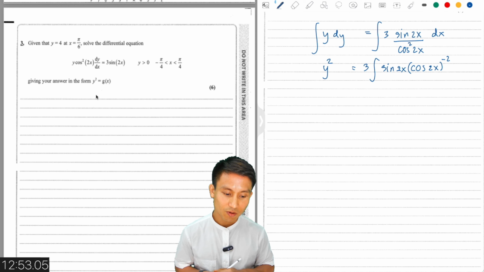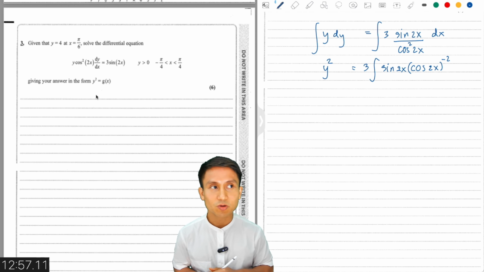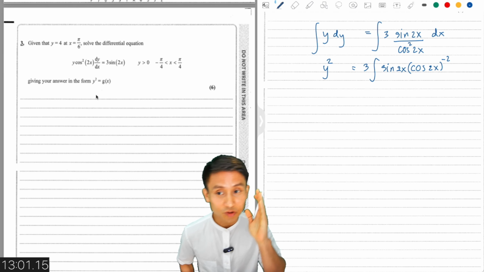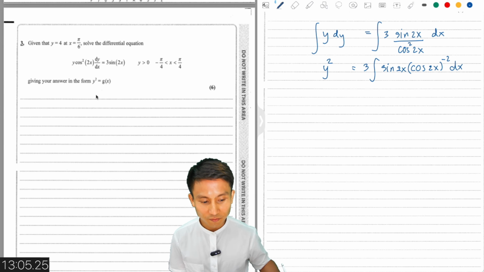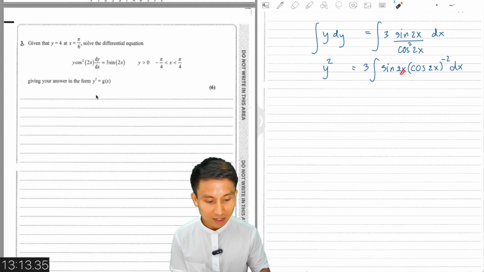Now, you can do reverse chain rule, or I think actually you could do a sec tan. I'm going to show you 2 methods, and let's see if they both work. First here, n being minus 2, if I differentiate cos 2x, I'm going to get a minus sign.